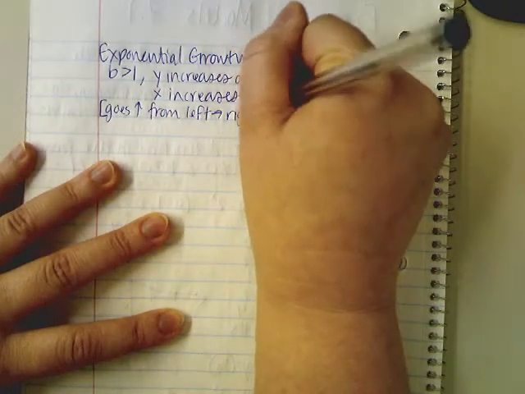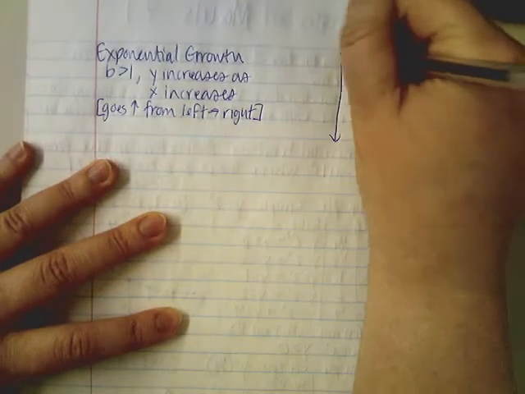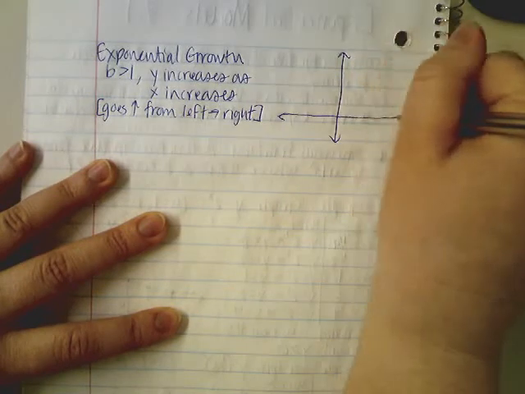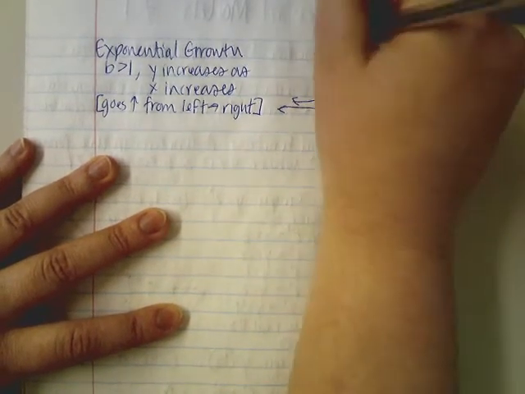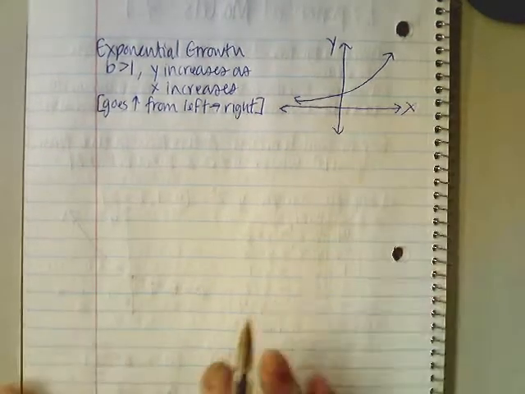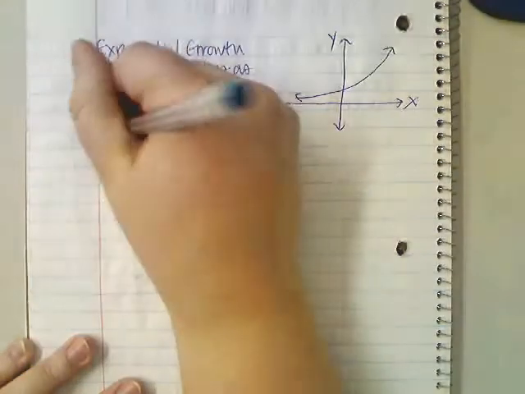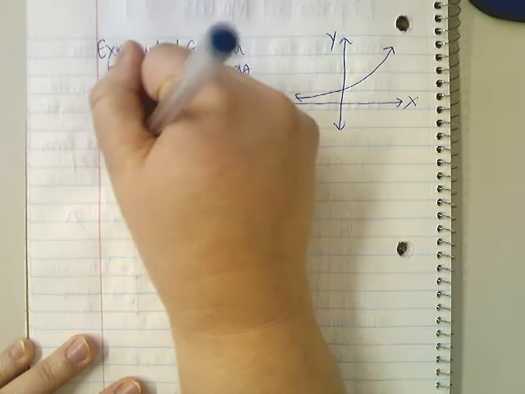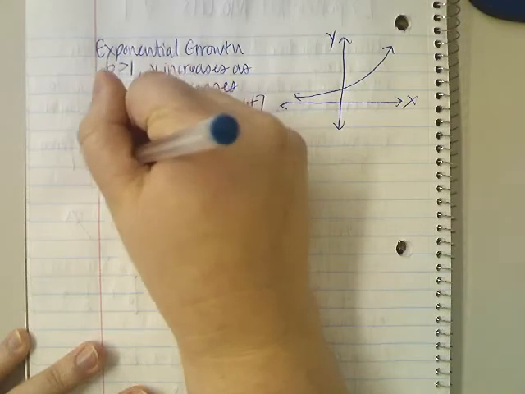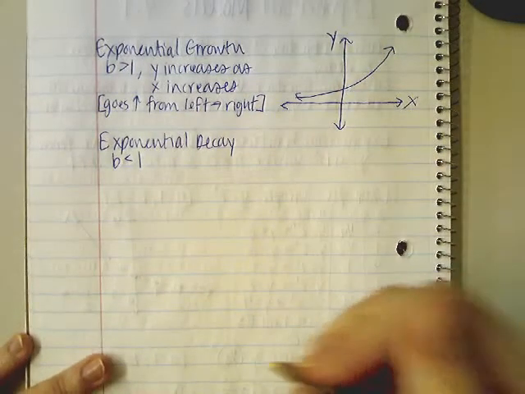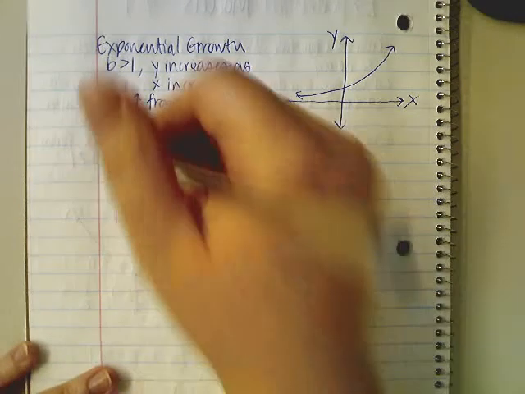So just a quick sketch of an exponential growth graph. Very quick sketch. It's just going to look like the other one we had, x-axis, y-axis. It's going up from left to right. On the other hand, exponential decay is going to be the opposite. So in this case, b is going to be less than 1. Again, it still has to be greater than 0, but your b value is less than 1.